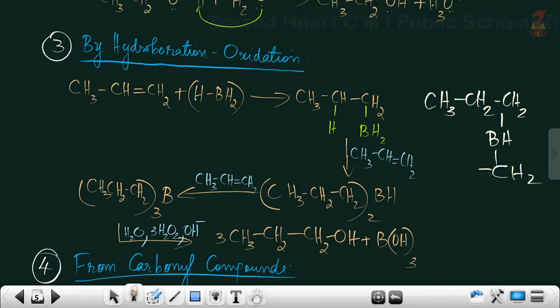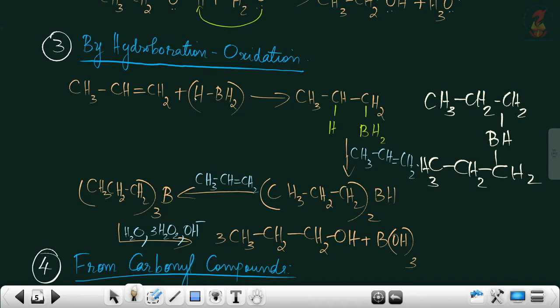From that hydrogen gets added to CH, so it becomes again CH2, and we have a CH3 here. Now when you write this condensed formula, it is CH3, CH2, CH2 twice BH.